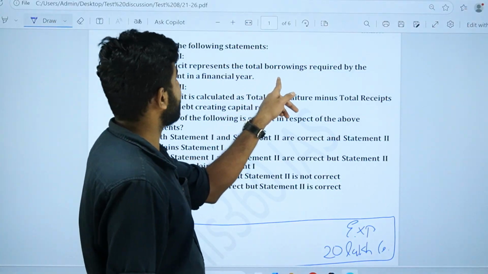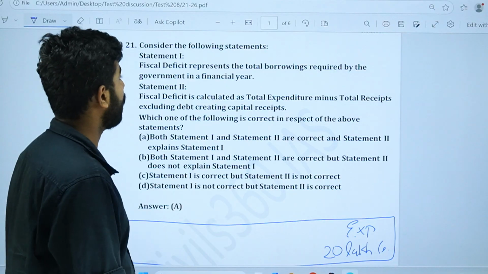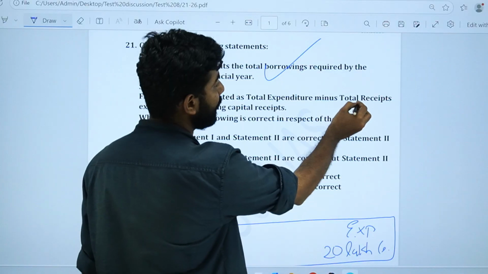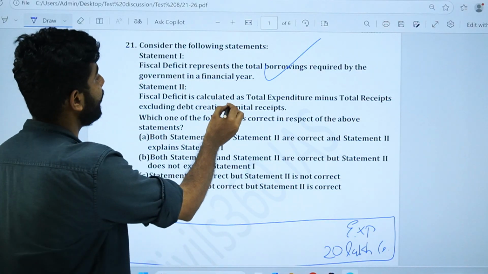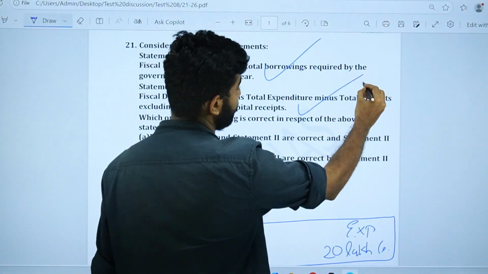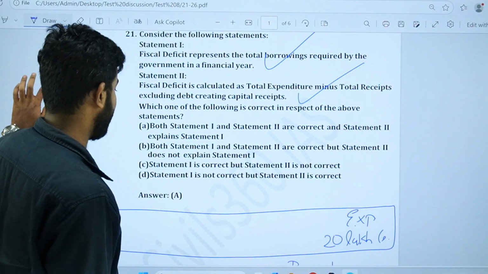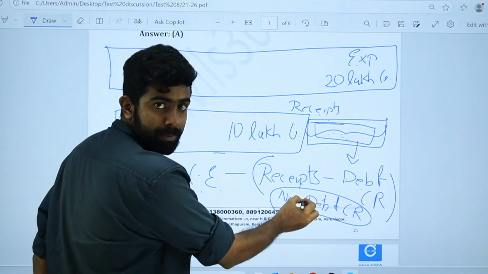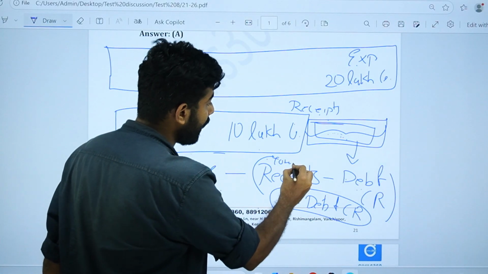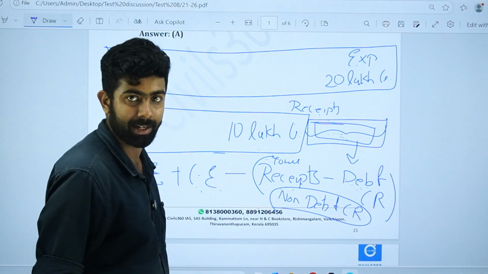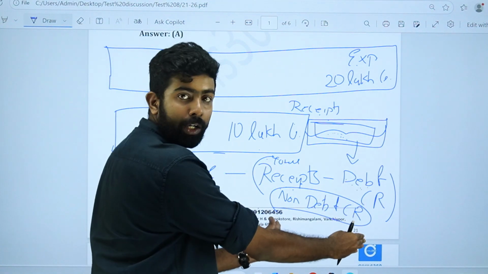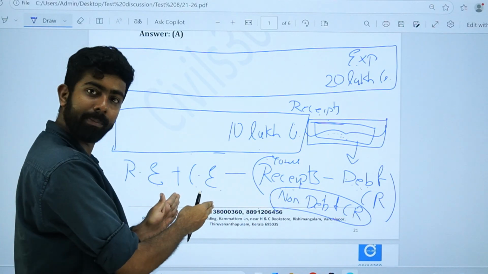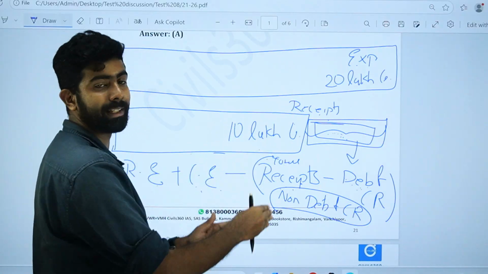So, fiscal deficit represents the total borrowings required by the government in a financial year. It is correct. Fiscal deficit is calculated as total expenditure minus total receipts, excluding debt creating capital receipts. If you subtract the non-debt capital receipts, you will get the same value.